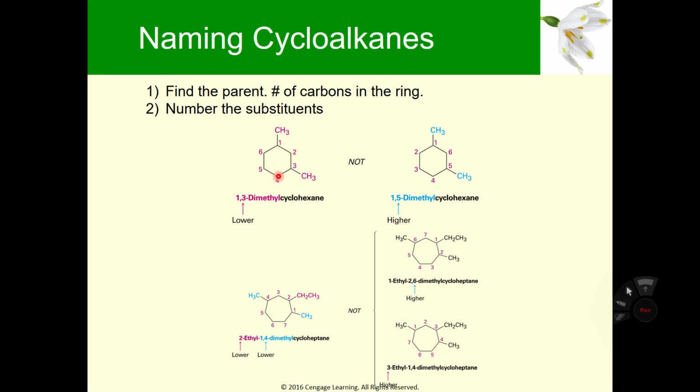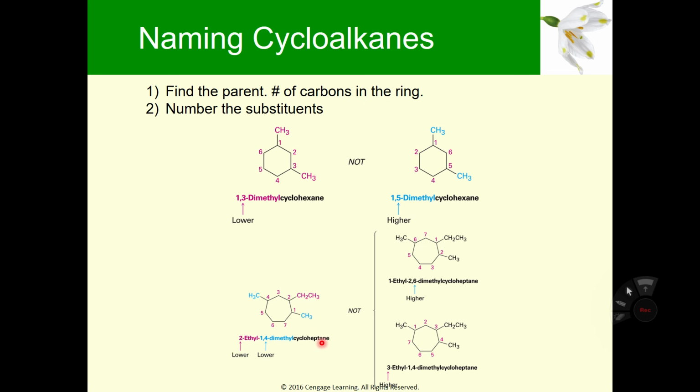This is a clockwise way to put the numbers on the cycle. This is anti-clockwise. If you use this numbering system, you can put 1 and 3 for 2 methyl substituents. But if you use this numbering system, you will have 1 and 5 for 2 methyl substituents. Therefore, the left one is the recommended one. So the name will be 1,3-dimethyl cyclohexane instead of 1,5-dimethyl cyclohexane. Actually, 5 is higher than 3, so this one is not recommended.